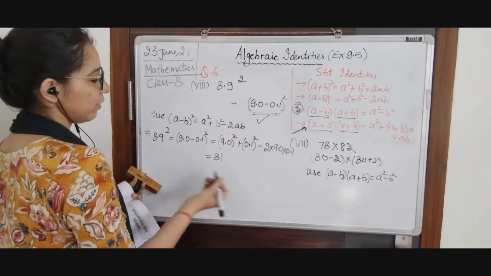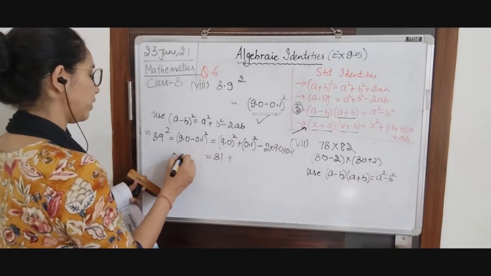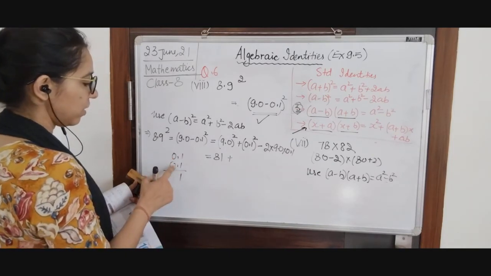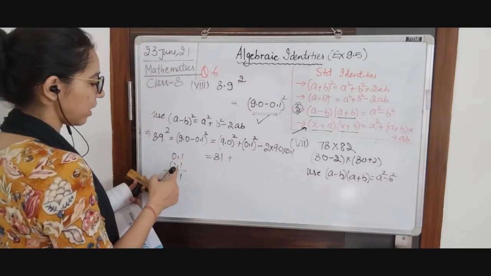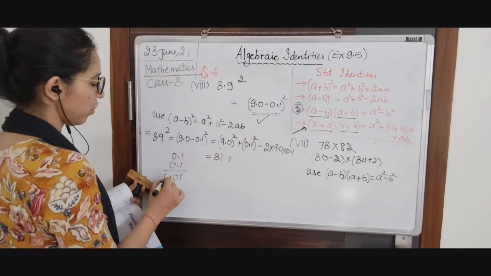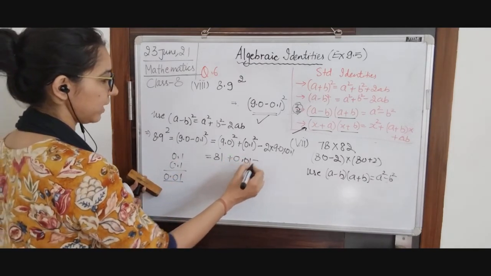81.0, or 81. Okay, 0.1 whole square, 0.1 into 0.1. We are going to get 1, and we have to place the decimal. After the decimal we have one number and one number, 1 plus 1, 2 numbers. So we have to put the decimal before two numbers, so we add 0. It will be equal to 0.01 minus.